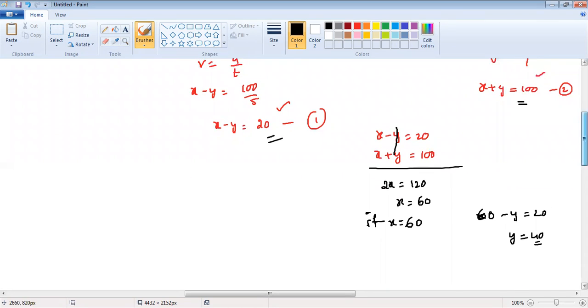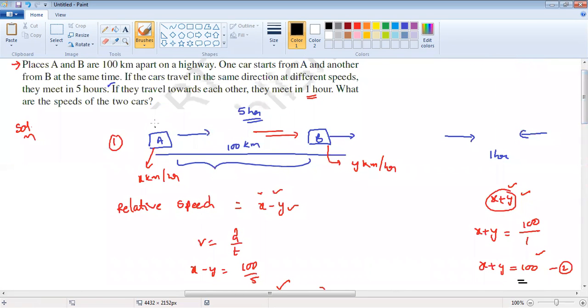So the speed of car A is 60 km per hour and the speed of car B is 40 km per hour. Got it? Yes, sir.